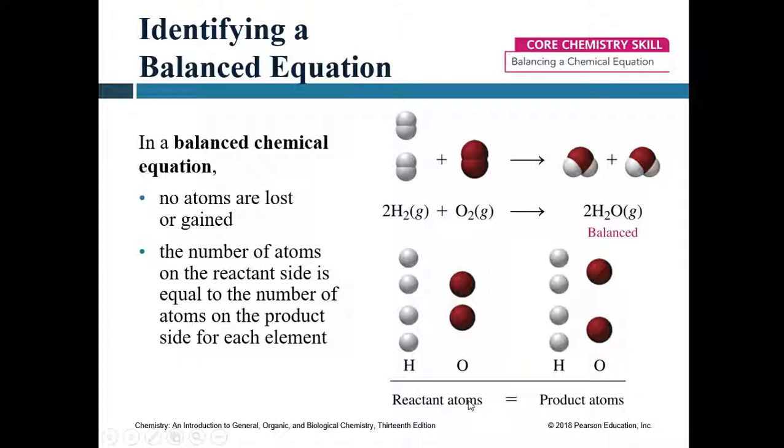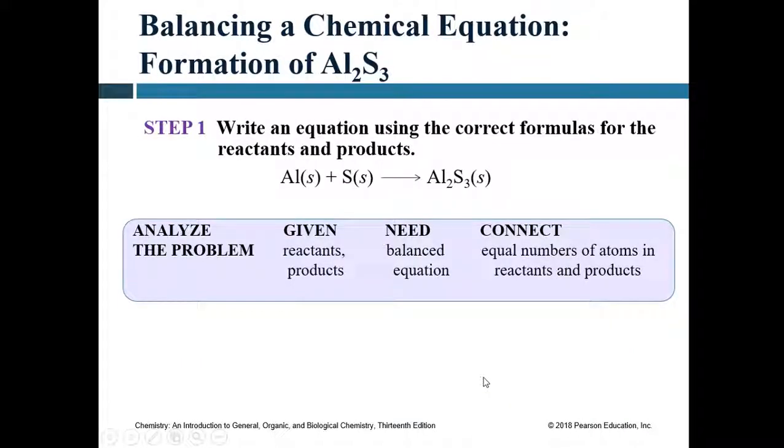And so you go, well, how do I do that, considering they're different compounds or different elements? That's what we're learning how to do, and that is balancing the equation. And the way we do that is writing coefficients, which means the numbers in front, to balance out an equation.